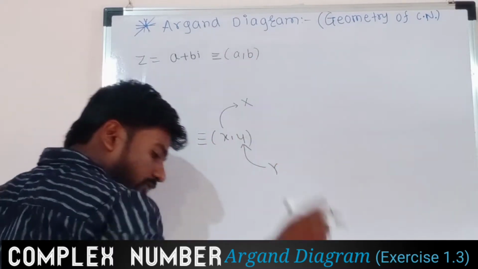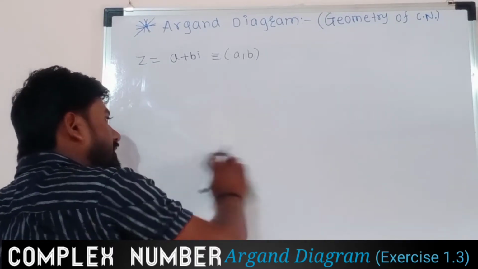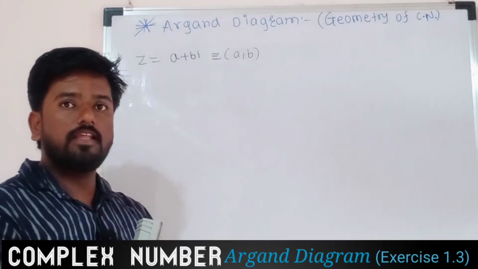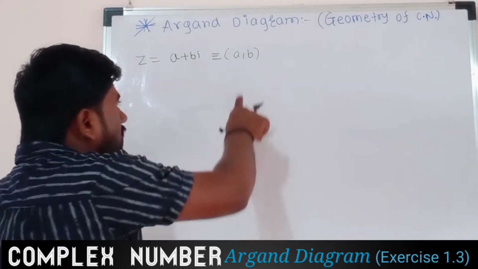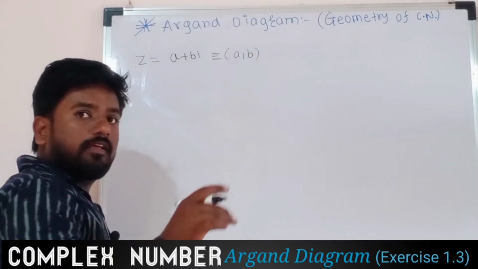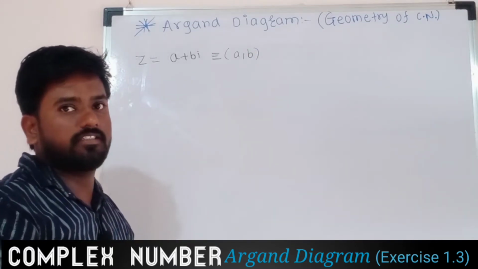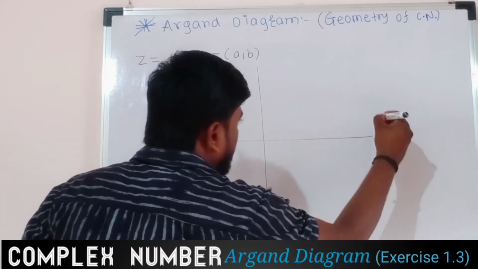As you have written it in coordinate form, you can easily plot this number on the xy axis. Here a is represented on the x axis and b on the y axis. First of all, I will draw the xy axis.